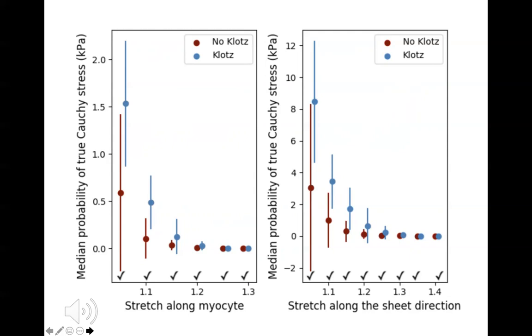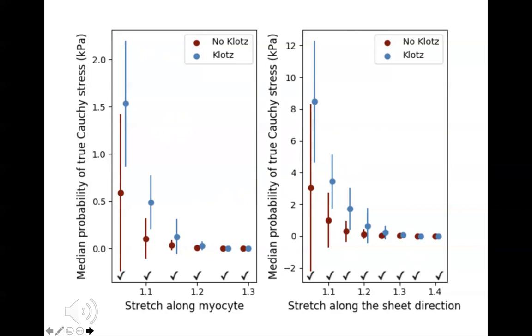We then get the stretch stress curve from the original simulator, which we call the true stretch stress curve, and compute the median posterior probability density of this curve. This is repeated for 6 healthy volunteers. The 2 panels show 2 different stretch directions. The 2 colors refer to the Klotz curve prior, shown in blue, and an uninformative prior, shown in red.